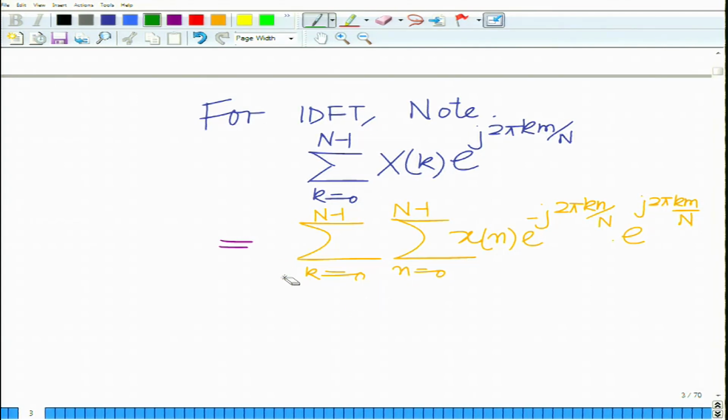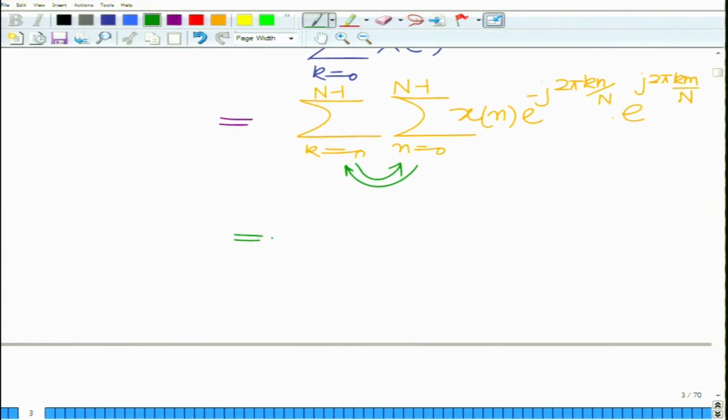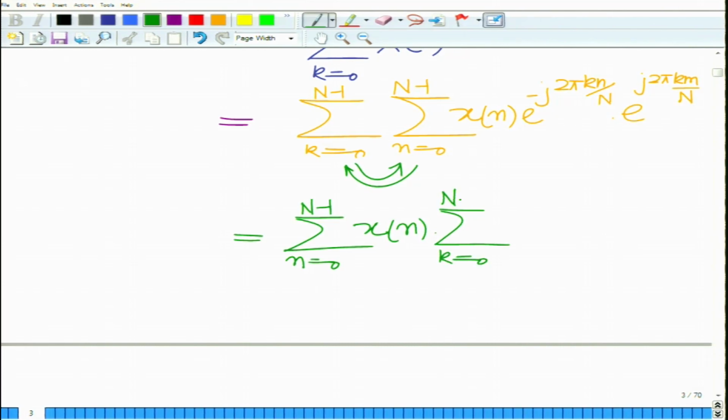Okay, so interchanging the order of summation, we will have summation n equal to 0 to N minus 1, x[n] depends only on n, so that comes out, summation k equal to 0 to N minus 1 e raised to j 2 pi k over N into m minus n.